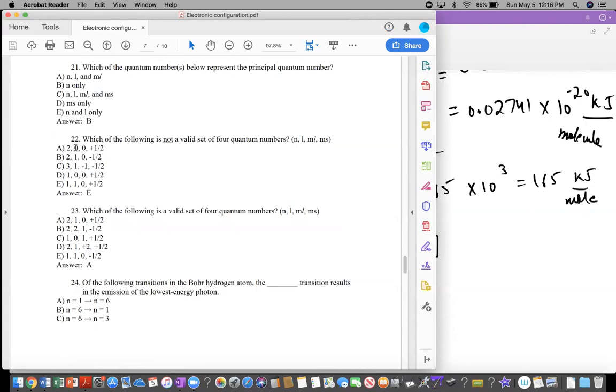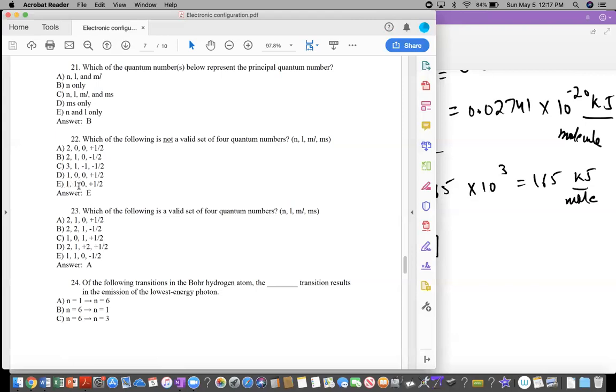Yes, it is possible because L is any number and you stop at N minus 1. So 2 and 1 is also possible, 3 and 1 is also possible, 1 and 0 is also possible. But you see the last one, 1 and 1, that's not possible.